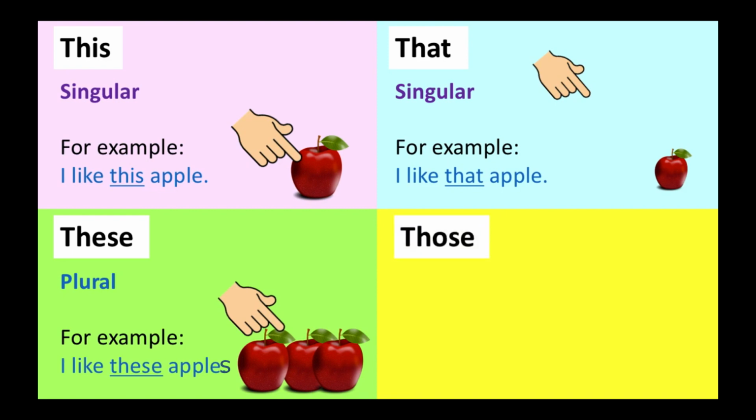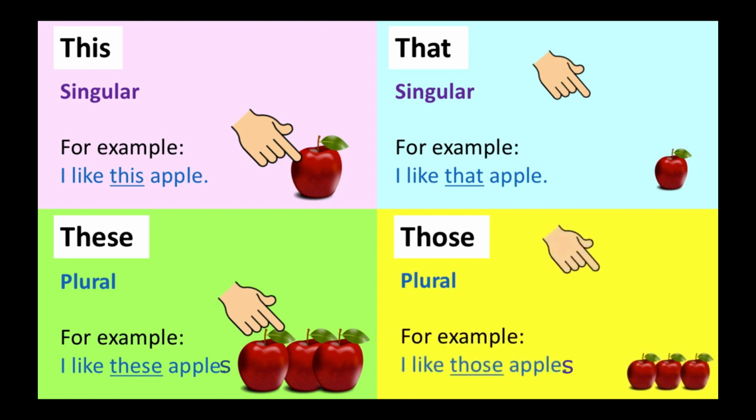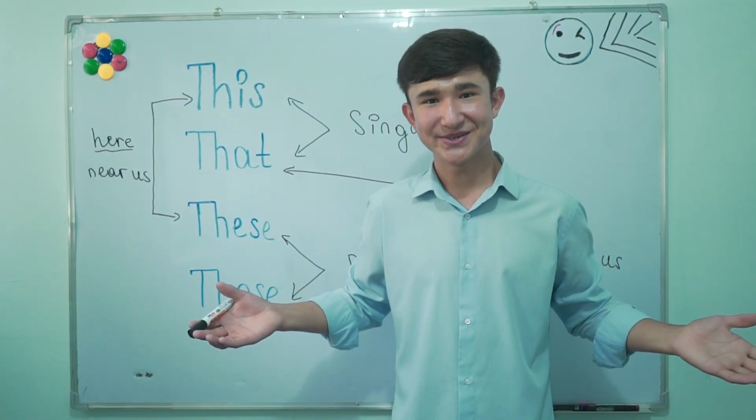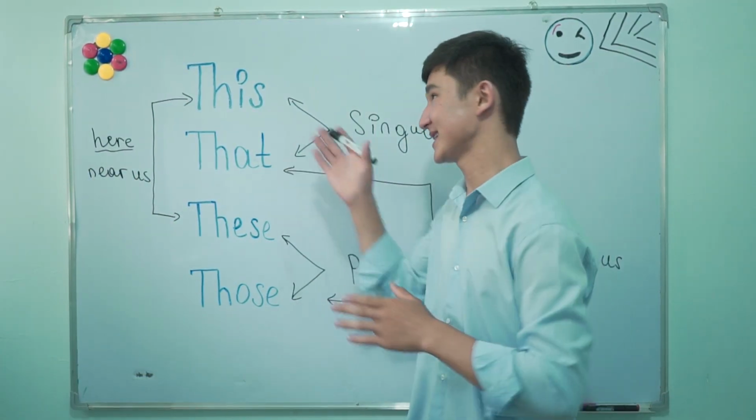Those is plural. For example, I like those apples. It means it's not near us, it's far away from us, but it's more than one, two or more. Finally, you understood this lesson.